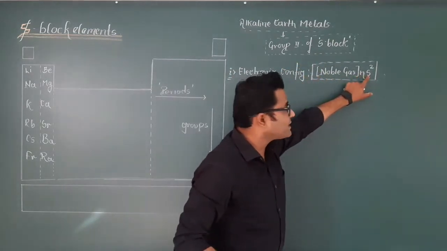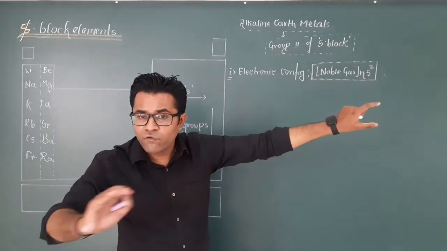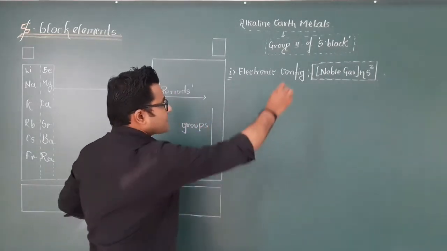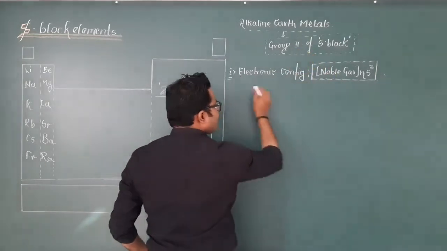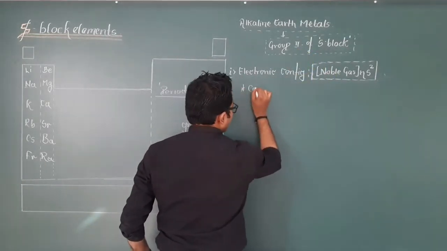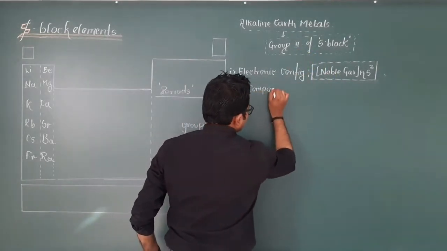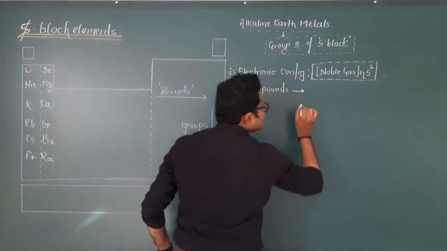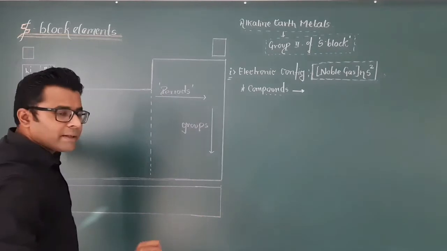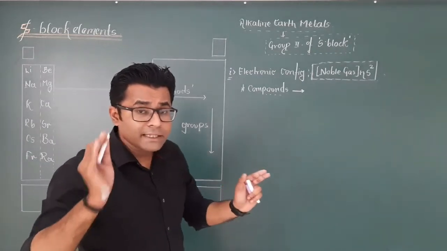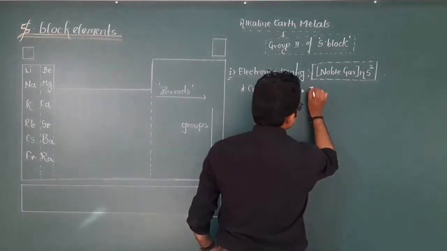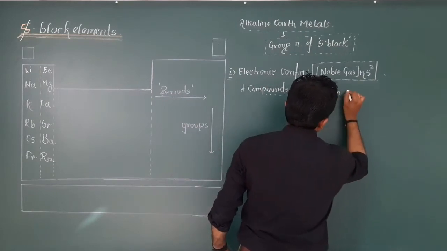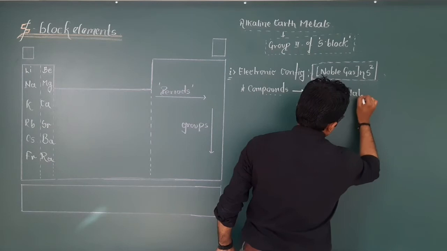This is important. Therefore, our S orbital is now completely filled in this particular case. Now, when these elements react and form compounds, these compounds, similar to those of alkali metals, are ionic in nature, and we need to remember this.